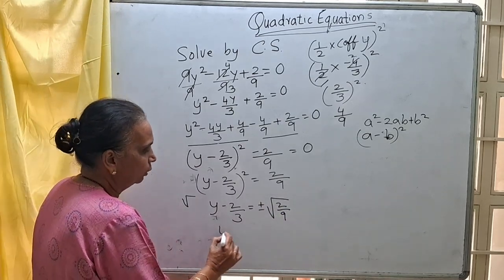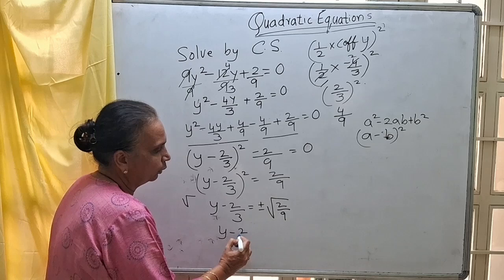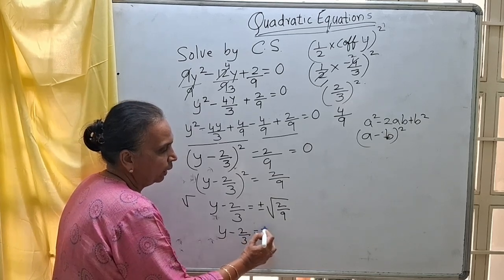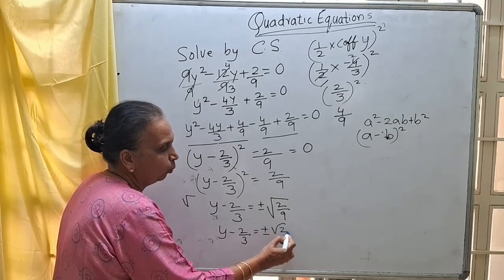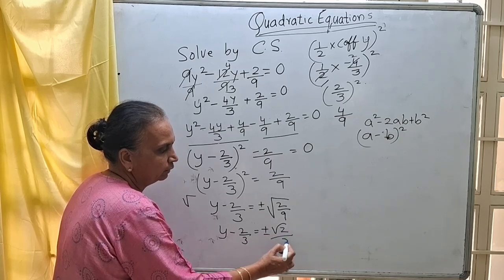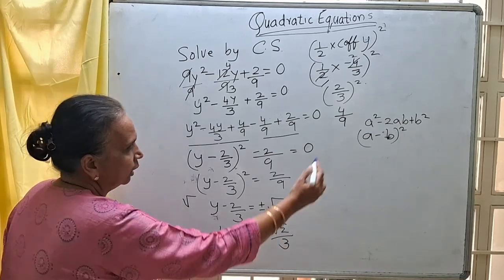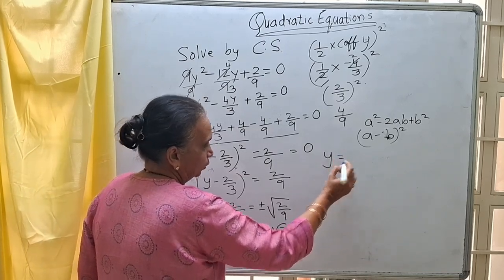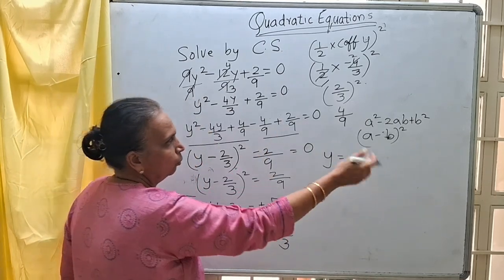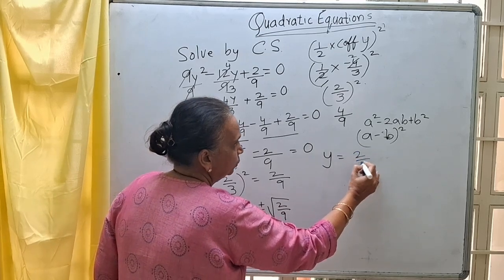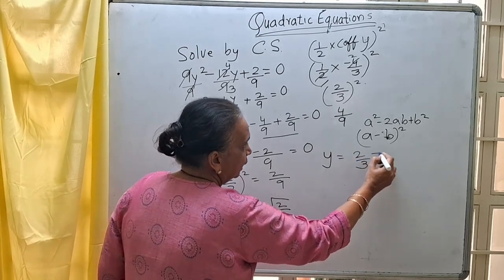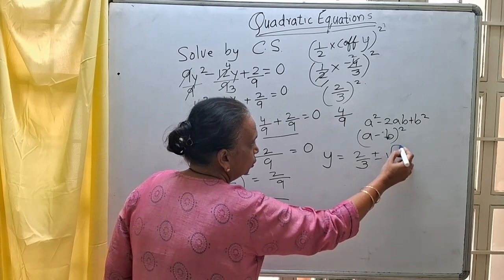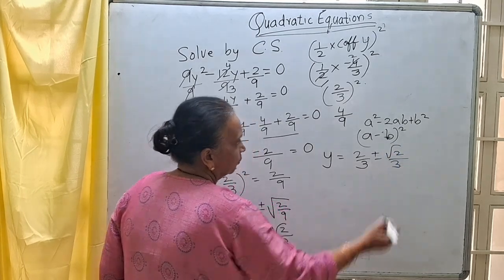So what is the meaning of this? Y minus 2 upon 3 is equal to plus or minus root 2 upon the square root of 9, which is 3. So I'll continue there. Y is equal to, this minus 2 upon 3 will go to my right hand side, it will become positive 2 upon 3 plus or minus root 2 upon 3.